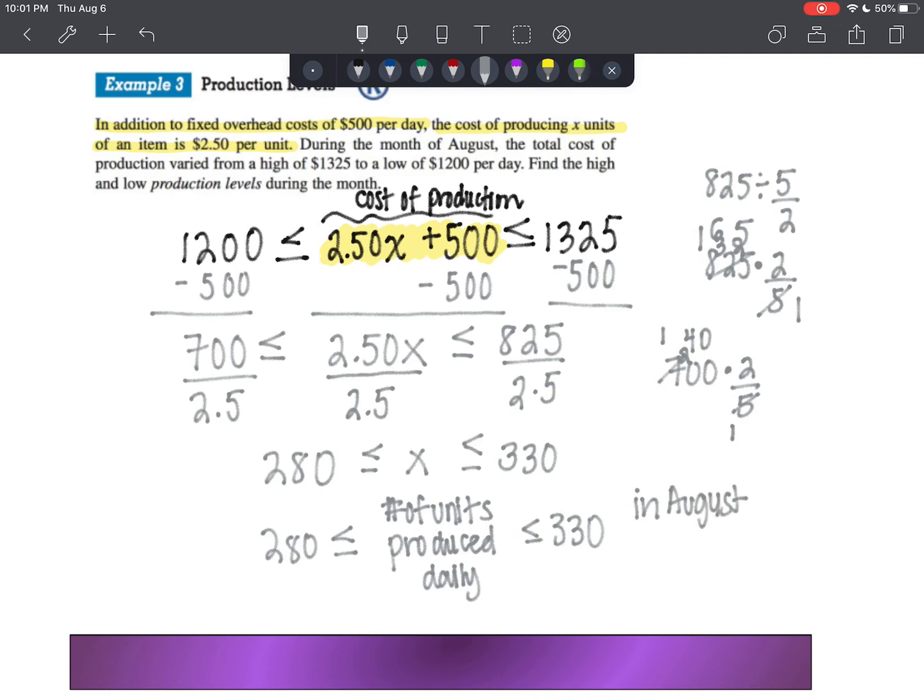Now in August, because it wants to know the high and low production levels during the month, we have to multiply by 31 days.